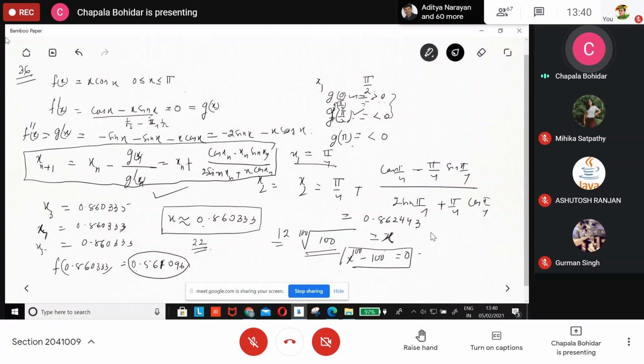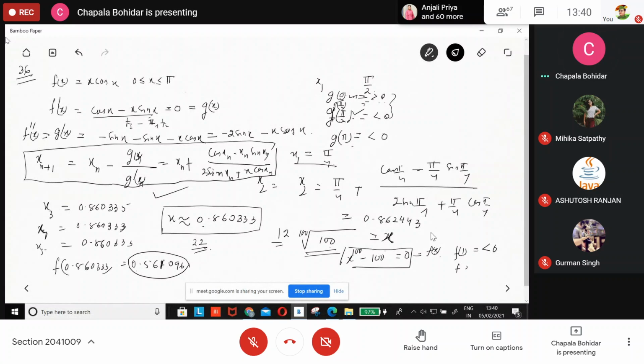That is our f(x). Then for what value? When x is equal to 0, it is negative. When x is equal to 1, also it is negative. When x is equal to 2, you can check: f of 1 is less than 0.